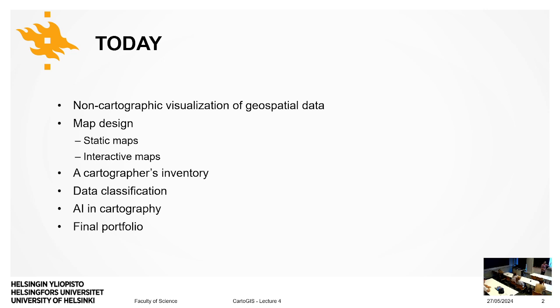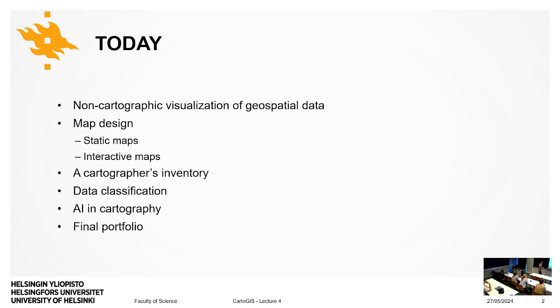We have already been making static maps in the exercises, but this week we are going to work with interactive maps, so this is what the practical part of this week's lesson will be about. We will talk about design matters specific to static and interactive maps today.